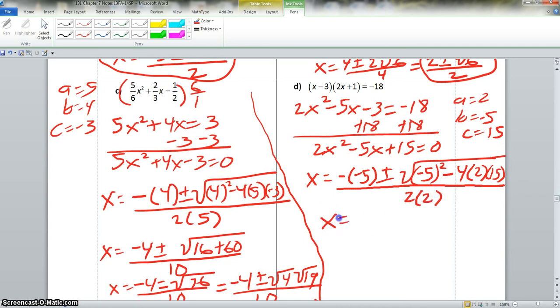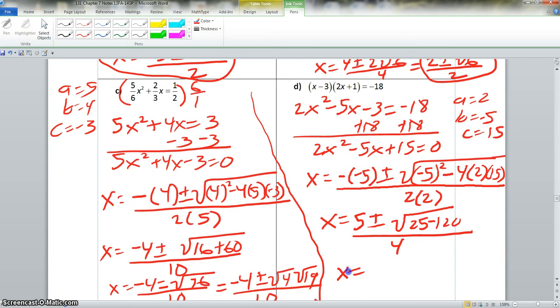So we have x is equal to positive 5 plus or minus the square root of 25. Negative 4 times 2 is negative 8, times 15 will give us a negative 120, all over 2 times 2 is 4.